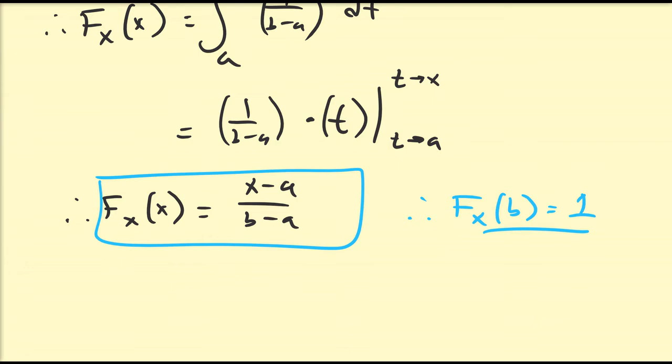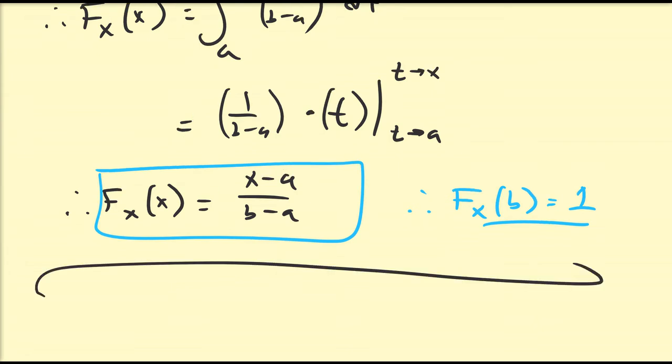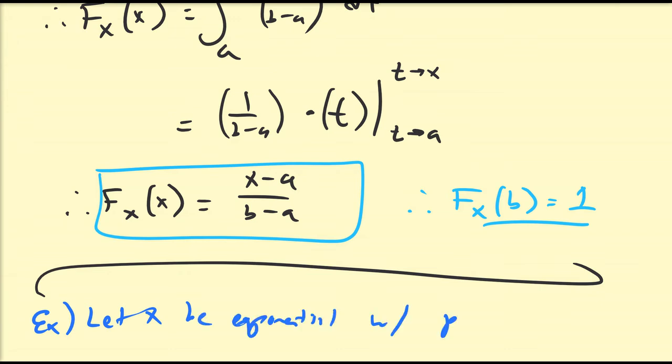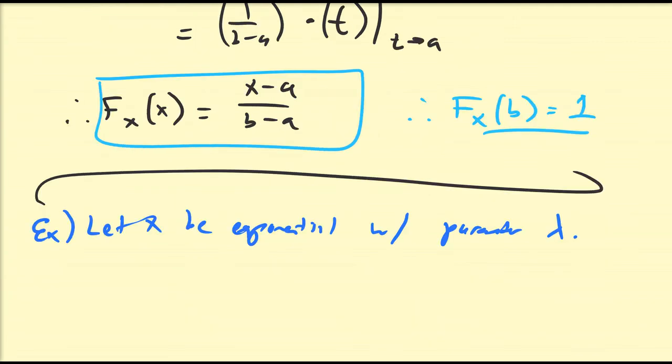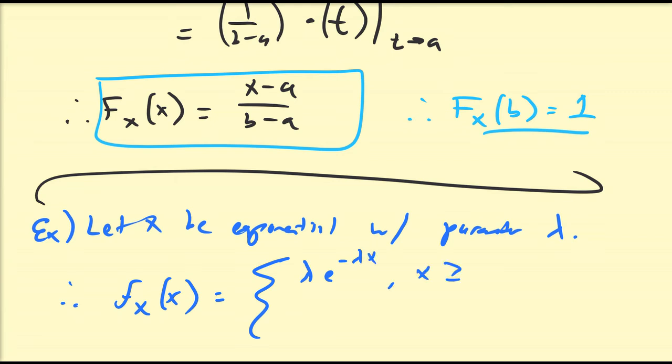So now let us take a look at another continuous random variable that should also be familiar to us. So let X be exponential with parameter lambda. Therefore, the density function for X, as we should know, is going to be equal to lambda e to the minus lambda x when x is greater than or equal to 0, and 0 for x less than 0.